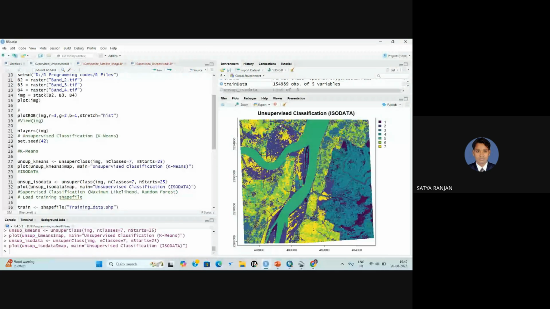In Python also you can use these classifications, or in QGIS, R and other software available for classification. This is related to this. Then we'll see other things in the next classes.